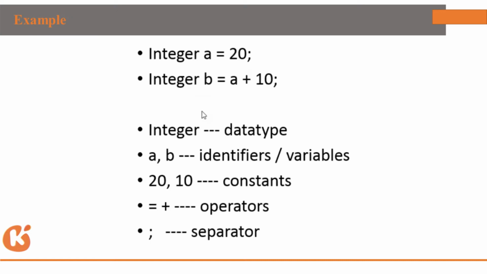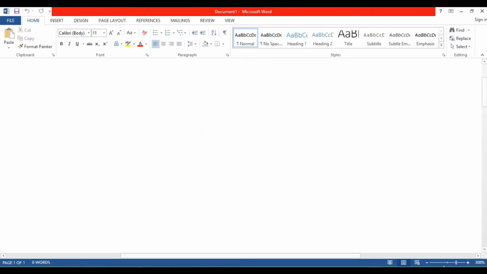Here I have given A equals 20. So initially I have set the value of A as 20. In future, I may override the value. I may change this value, A equals 30.